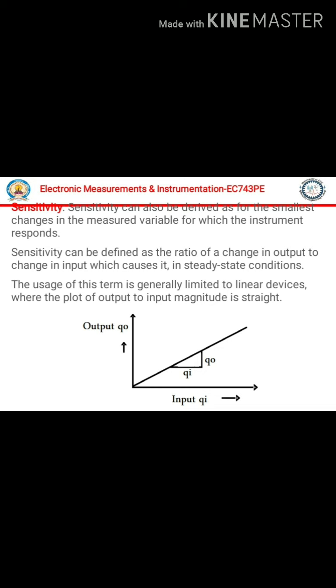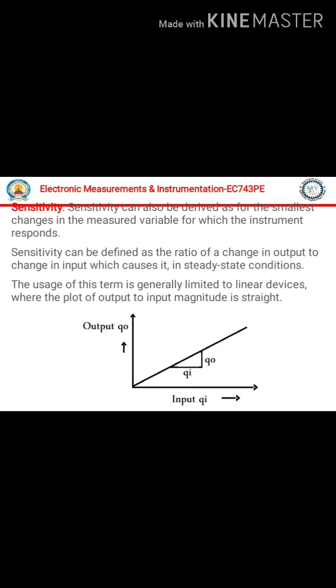In a mathematical way, sensitivity is the change in the output for a change in the input. Whatever change in the output you get for a corresponding change in input can be considered the sensitivity.